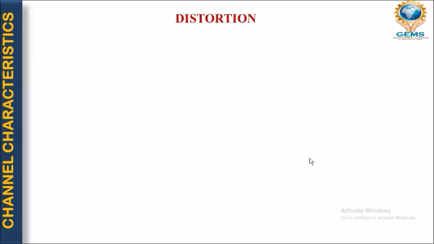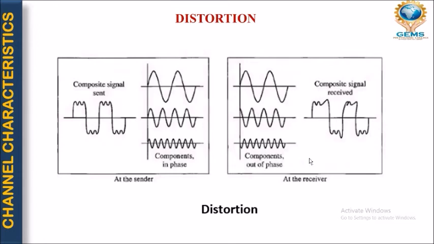Okay, so some more points will be discussed with the help of this diagram. So this is the sender end. At the sender end we have a composite signal. What is a composite signal? A composite signal is a combination of many signals having different frequencies, right?